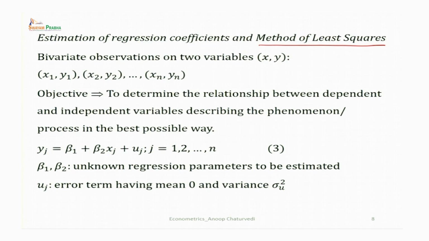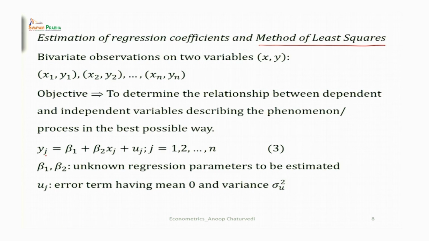So, for estimation purpose we require some observed data. So, we take bivariate observations on two variables x and y. You have n pairs of observations x 1 y 1, x 2 y 2, and so on up to x n y n. Your objective is to determine the relationship between the dependent and independent variables describing the phenomenon or the process in the best possible way.